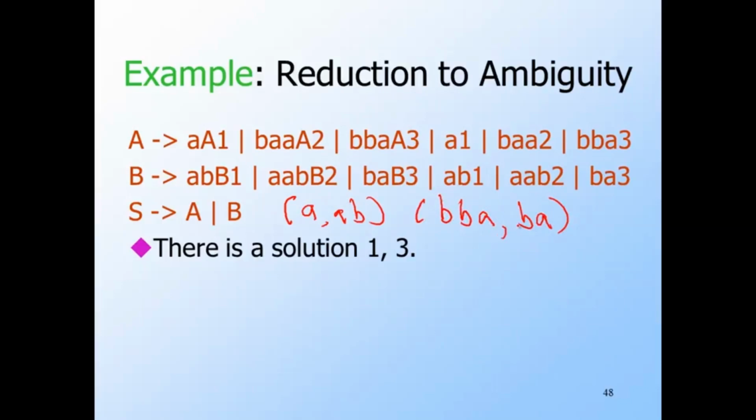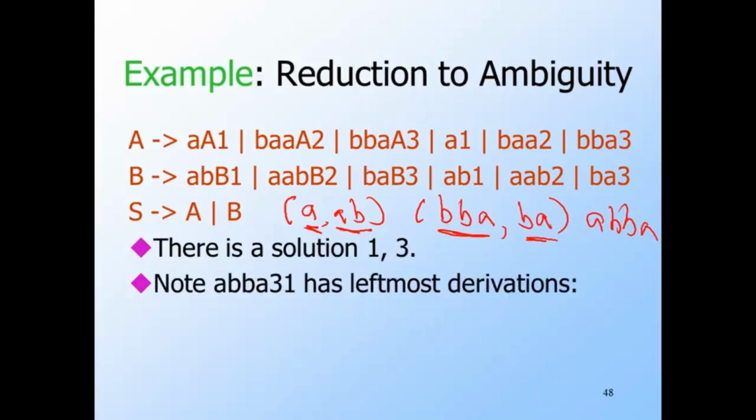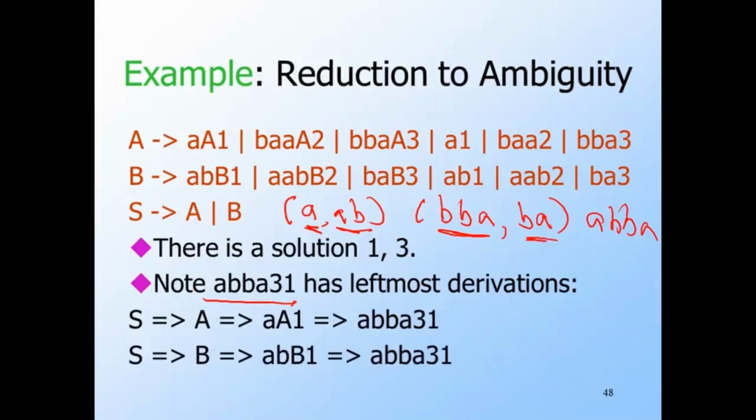When we take the first strings of each pair, we get ABBA, this, followed by that. And when we take the second strings of each pair, AB and BA, we also get ABBA. And this common string followed by the index string in reverse, which is that, we'll have two leftmost derivations, one starting with A and the other starting with B. Here is the derivation starting with A, and here's the derivation starting with B.